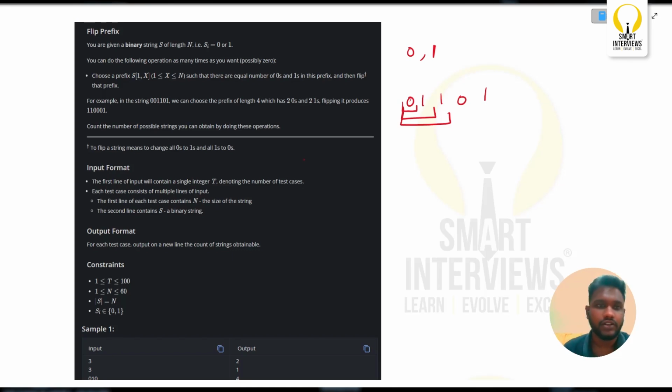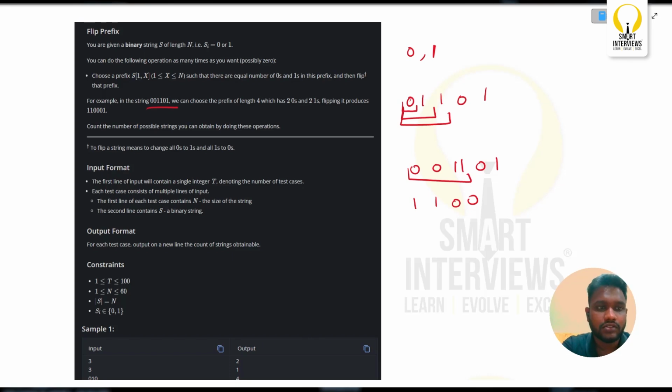For example, we are given the string 0, 0, 1, 1, 0, 1. Here we can choose the prefix of length 4, and this has equal zeros and ones, right? And flipping it will produce 1, 1, 0, 0.